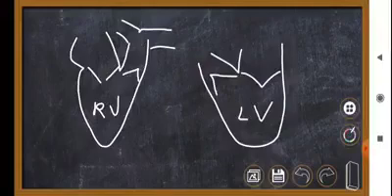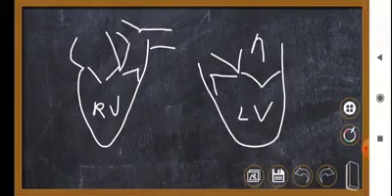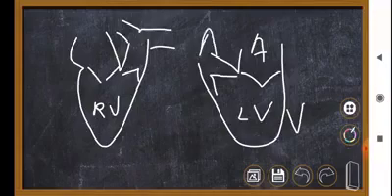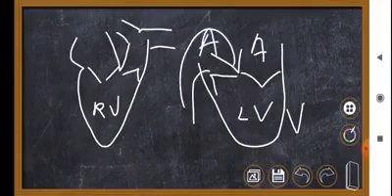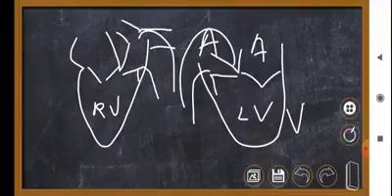So in both sides basically there are three main chambers: an atrium, a ventricle, and an artery. Artery here is the aorta, and here on the right side is the pulmonary artery.